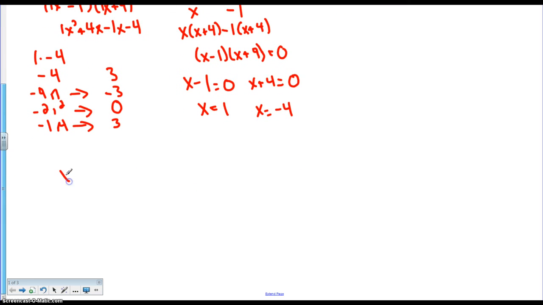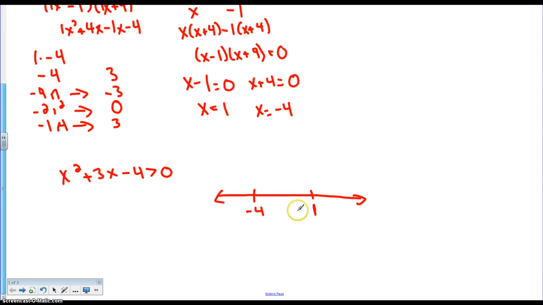I know it started off as x squared plus 3x minus 4 is greater than 0. When I think about this on the number line right now, I know I have negative 4 and positive 1.